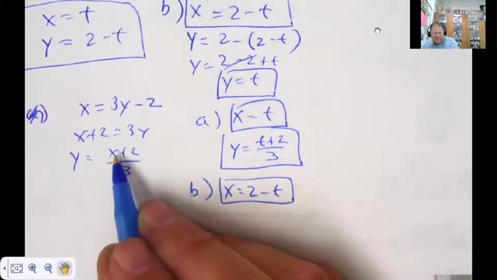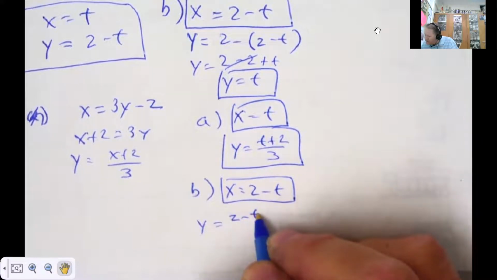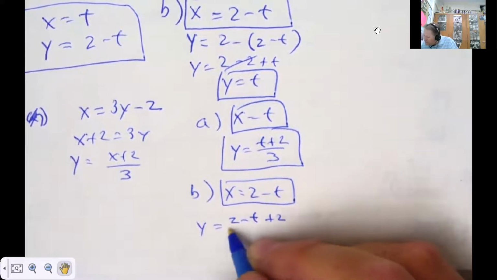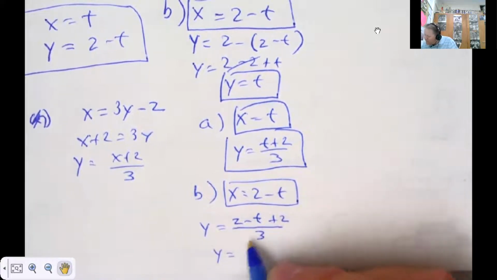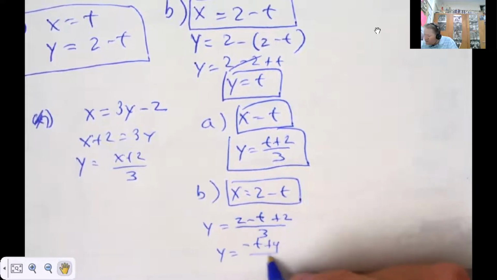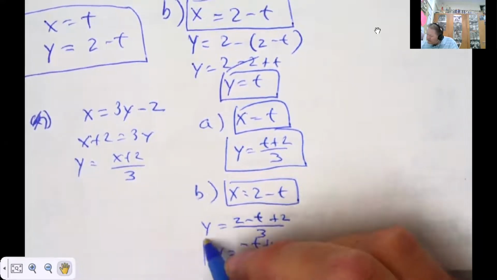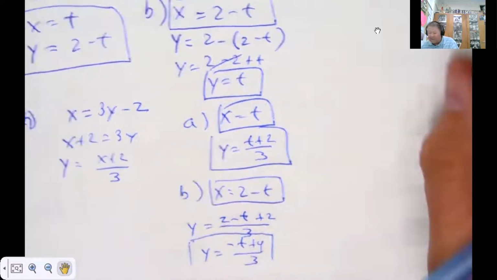I'm going to substitute a 2 minus t to be y equals (2 minus t plus 2) all over 3, which is y equals (negative t, 2 plus 2 is 4) all over 3. This would be my other parametric equation to give me my set of parametric equations.